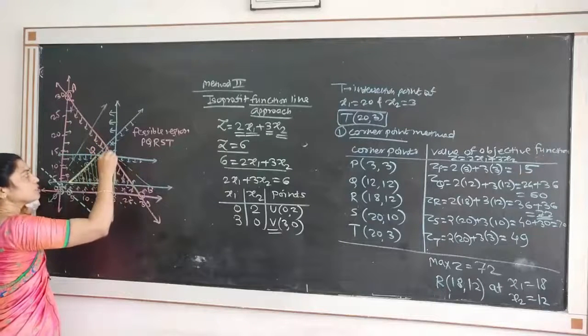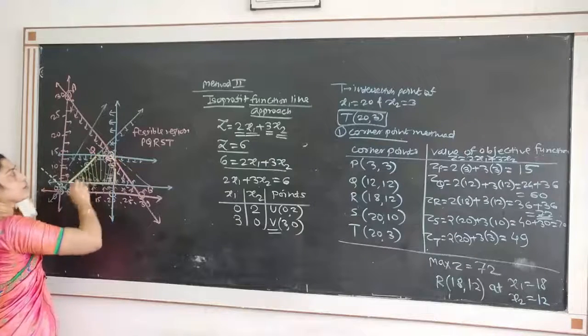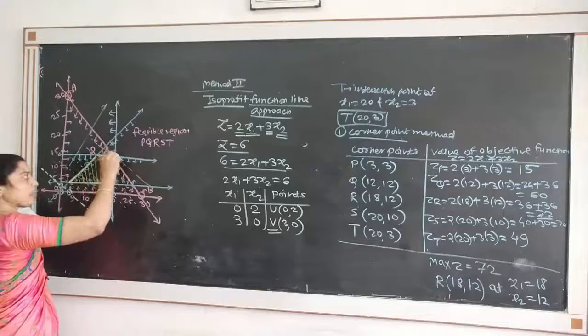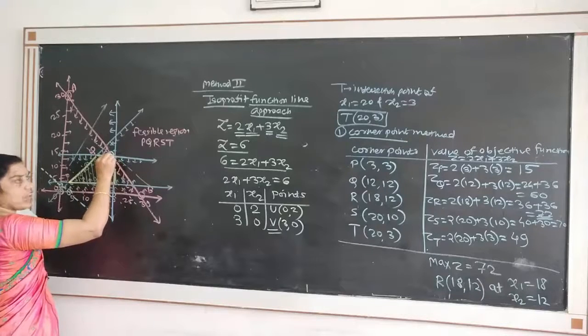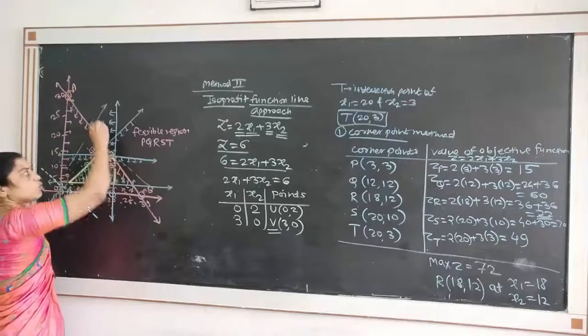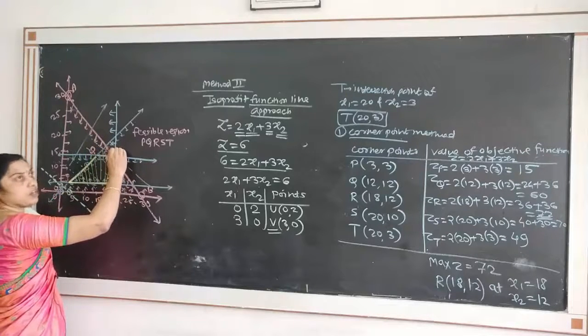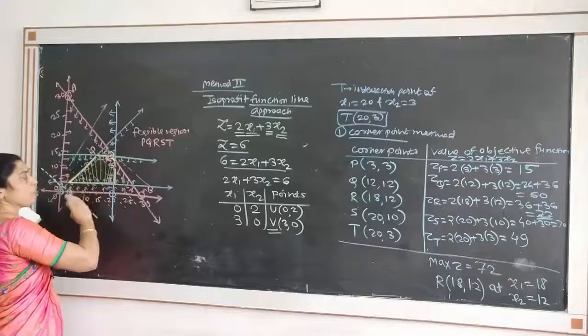When I go this way, I get this point. The objective function line parallel to this will pass through this point. That is the last point. If you want to draw the line beyond this, there is no feasible region. So I have to stop here.